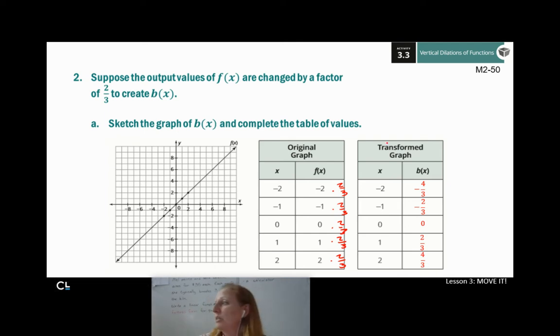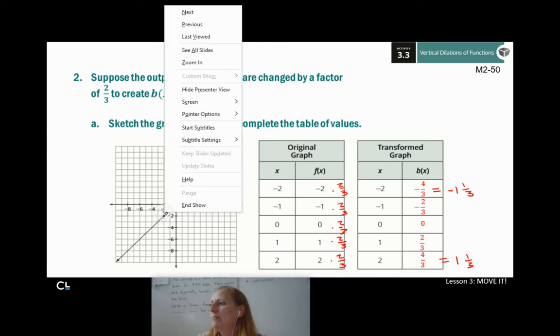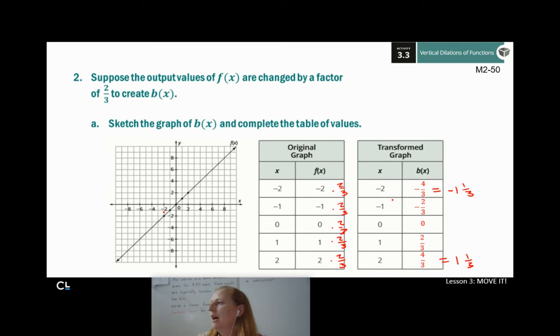Now, plotting these points gets tricky, but don't freak out. Remember that you could think of this as -1 1/3, -2/3, 0, 2/3, and +1 1/3, if that helps you graph at all. So we're going to go -2, and then down 1 and a little bit more. Not much. -1, and then down 2/3.